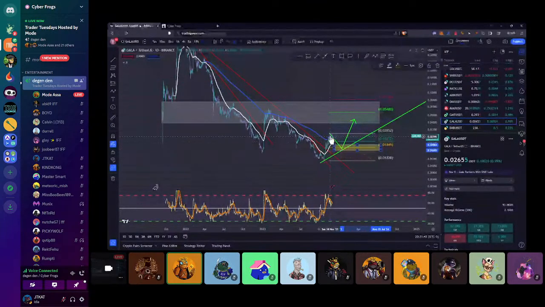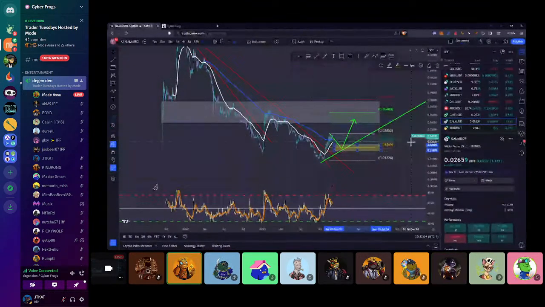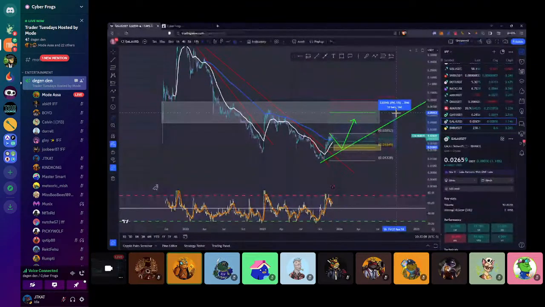That would be making the higher low and indicating the higher high. And I'd be looking to take profits up here, which happens to be right in the middle of the zone where we've seen resistance, resistance, resistance, was support, was support, was support. And that would be a nice 190% gain.